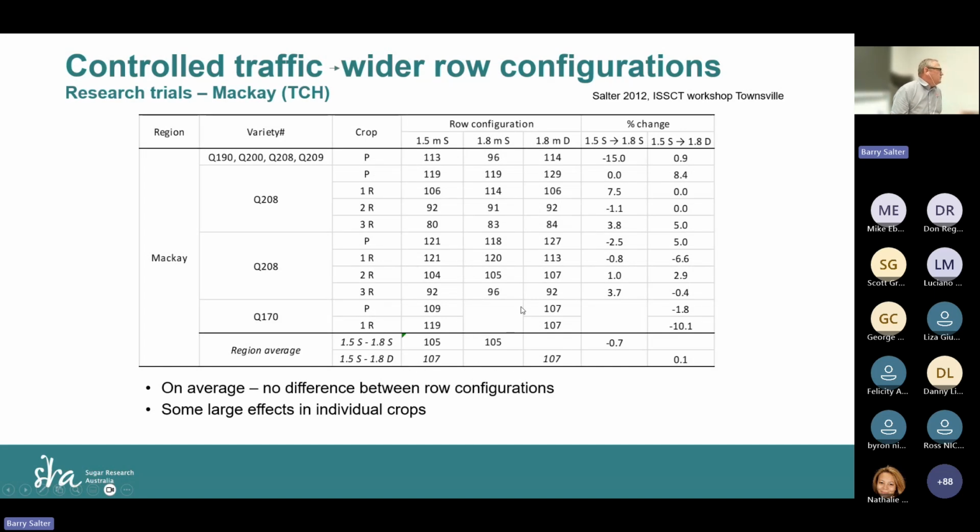If you look overall, they produced exactly the same tonnes per hectare, which was amazing, really, which was 107 tonnes to the hectare. And we saw the exact same thing. Some trials, the duals did better, this one 8.4% better, but some trials they did worse. In this case, it was 10.1% worse. So there was a bit of up and down, but again, overall, they were exactly the same.